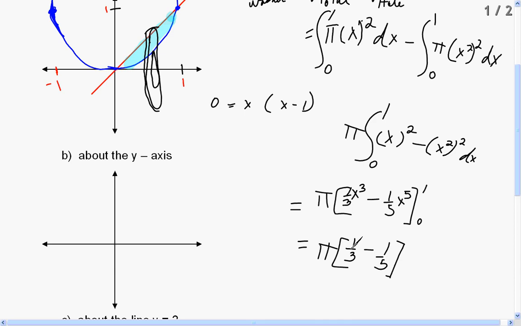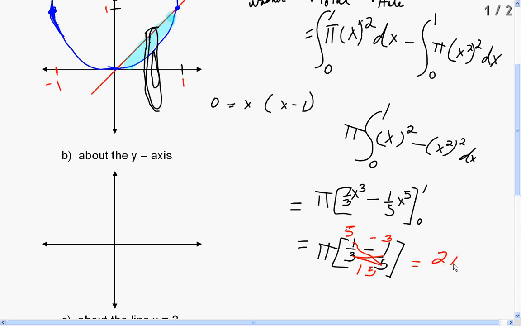And 1/3 minus 1/5, going back to pre-algebra, that's the bow tie method, remember that? It's going to be 5 minus 3, 3 times 5 is 15, all over 15. 5 minus 3 is 2.